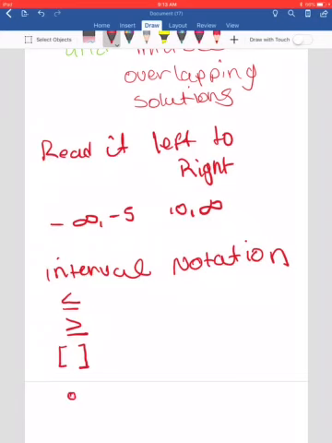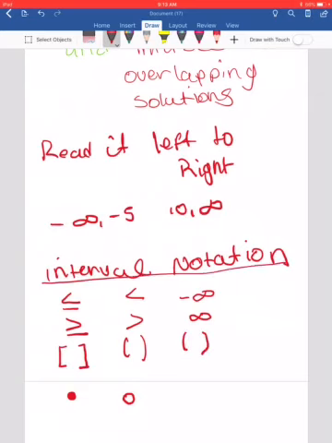This is also represented with a dot on the number line. When you have less than or greater than, you're going to use parentheses, and it's also represented on the number line with an open dot. The negative infinity and the positive infinity will always be represented with parentheses.